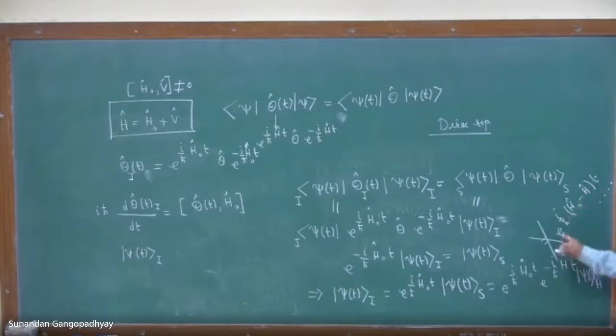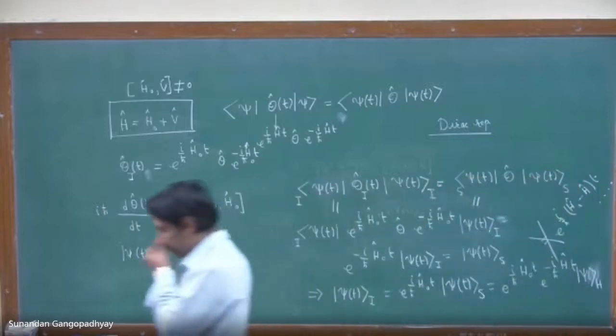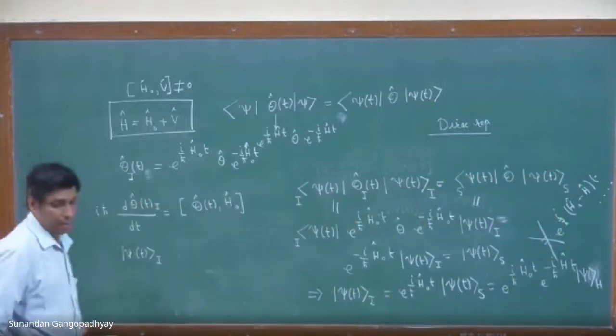There will be a commutator term, and therefore this is just not this thing. So this step is not correct. Is it okay?